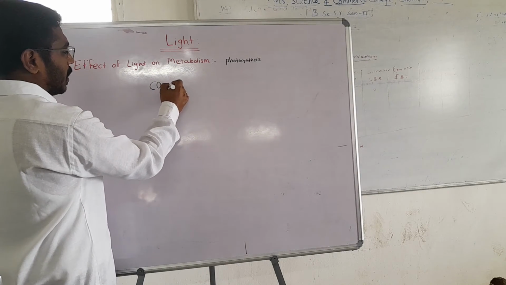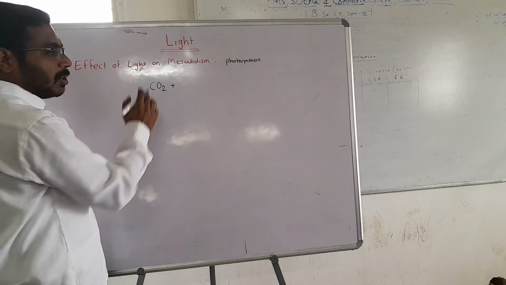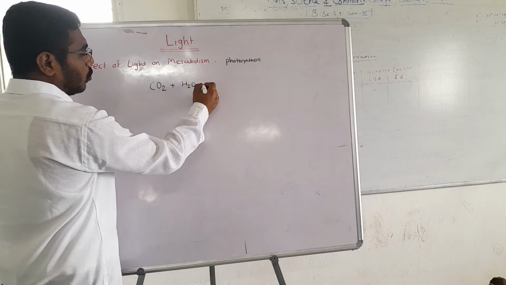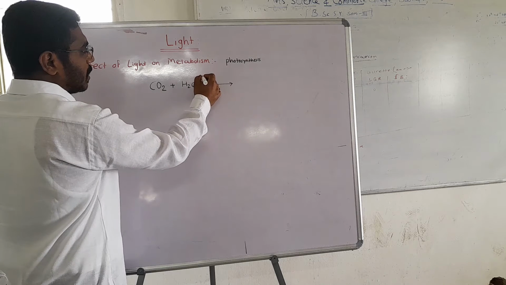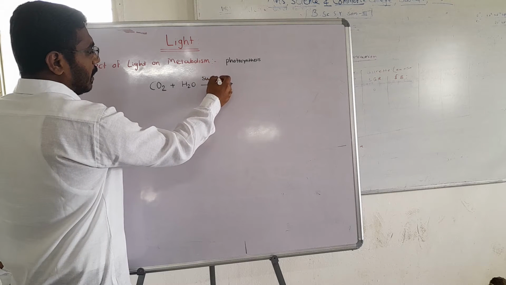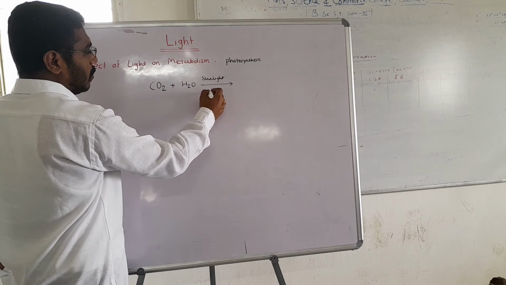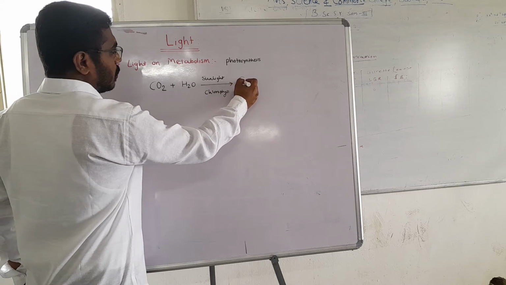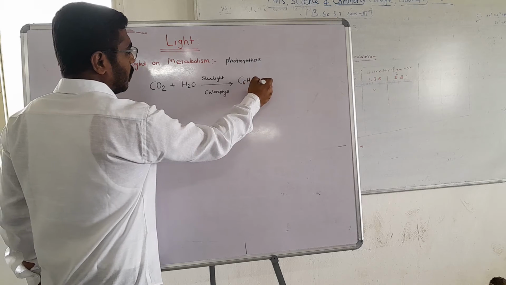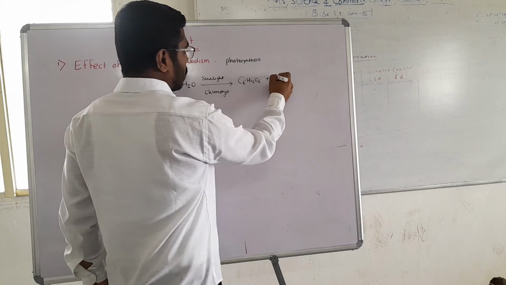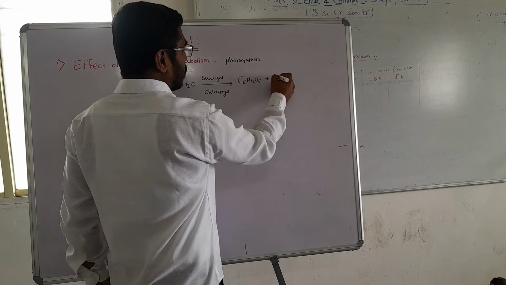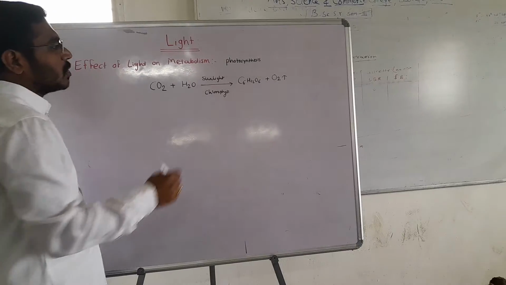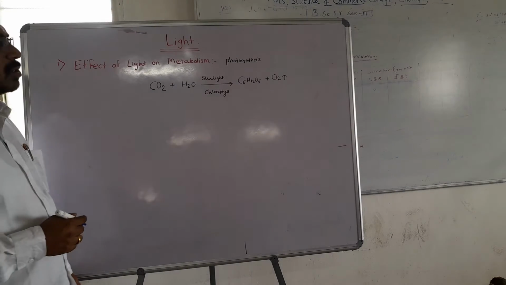Plants take carbon dioxide from air, then water from earth through their roots, then in the presence of sunlight and chlorophyll, they produce glucose, C6H12O6, plus oxygen gas is evolved. That process is called photosynthesis.